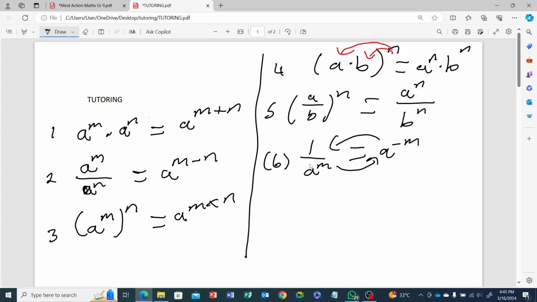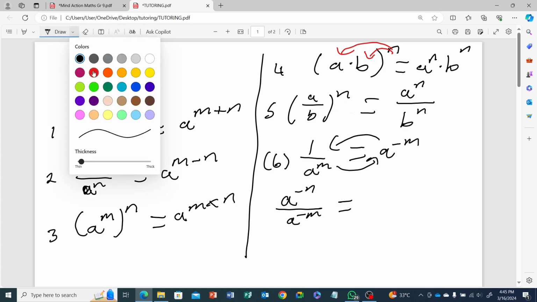Now I'm going to make an example again based on the very same concept. If you have a raised to the negative n over a raised to the negative m, this is equivalent to making the exponent positive.